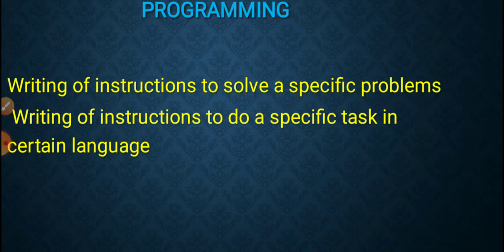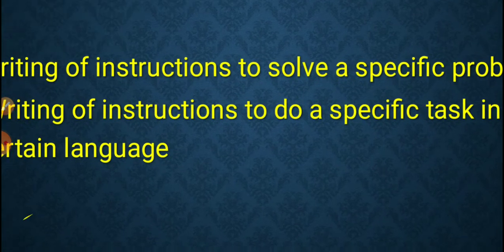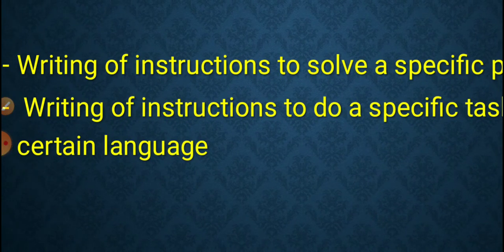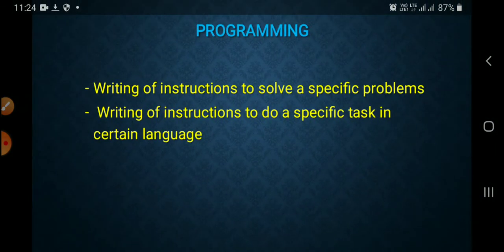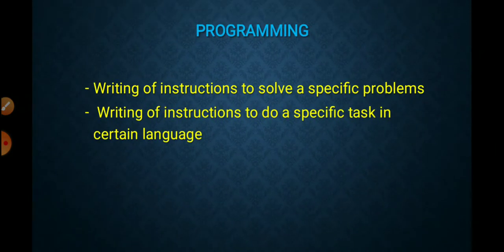Writing of instructions to solve a specific problem, or writing of instructions to do a specific task in a certain language is called programming. Okay children, what is program? A program is a collection of instructions given to the computer to do some task.